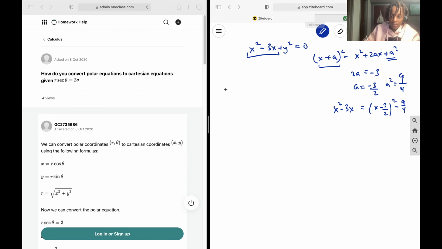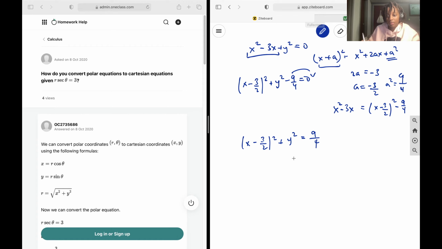So just write that all out, and we get x minus 3 over 2 squared plus y squared minus 9 over 4, and just bring over that 9 over 4, and our final form becomes x minus 3 over 2 squared plus y squared is equal to 9 over 4.